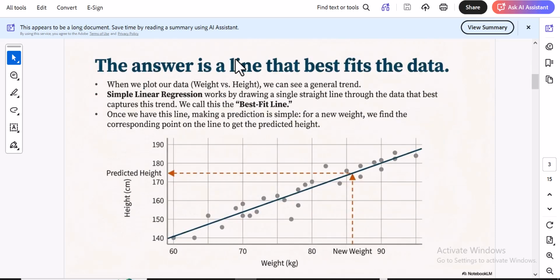Once we plot the weights and heights on the regression plane, here we can see each dot representing each original observation. And once we plot the weights and heights, we can see all the dots here, and we need a regression line that actually represents all the data points.